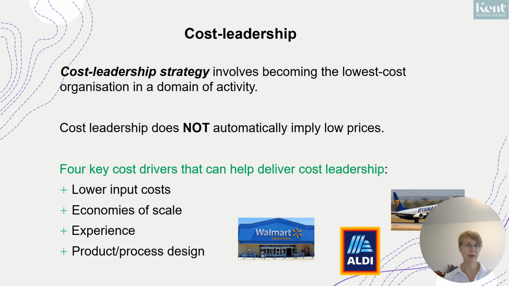We see this a lot in research intensive industries such as the pharmaceutical industry, where there's a lot of finances going into research and development. And so through an increased output and an increased volume, the company can benefit from economies of scale and reduce the cost thereby.